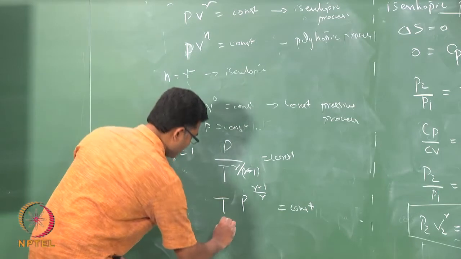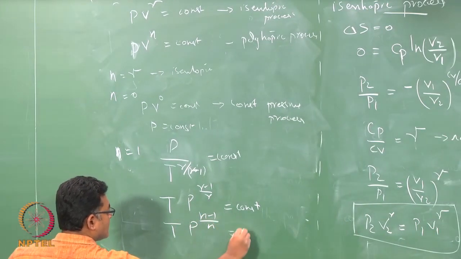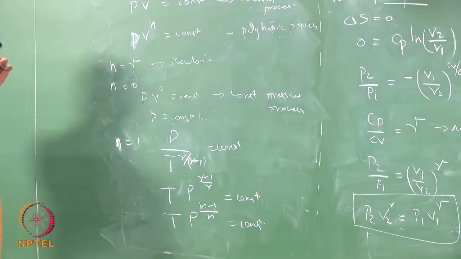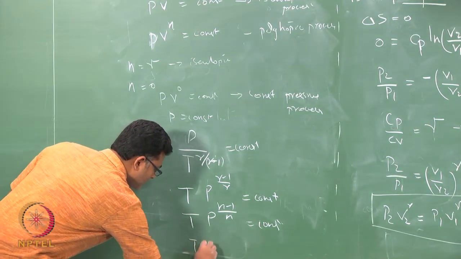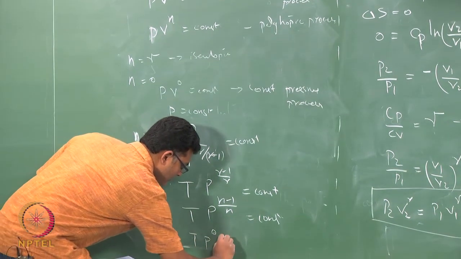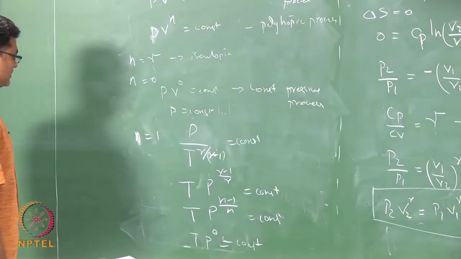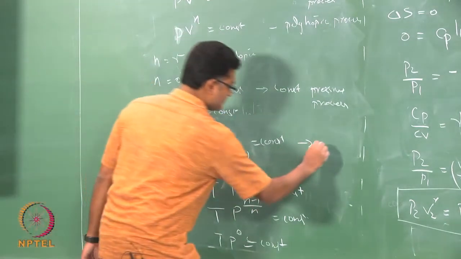So if it's a polytropic process, PV to the power n is constant. So if n equals 1, n equals 1 is an isothermal process.